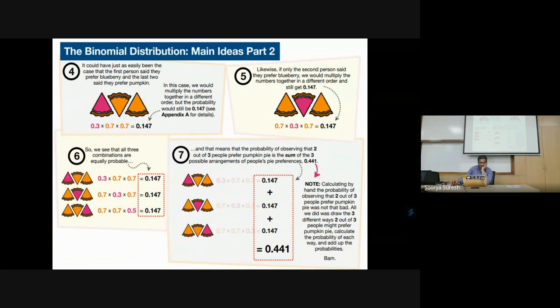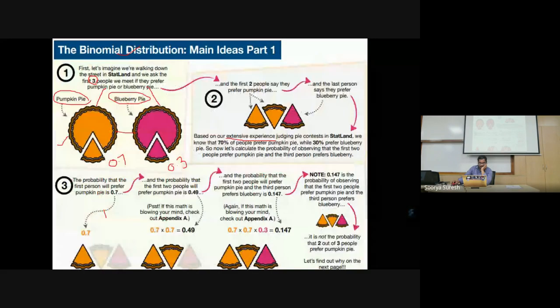See here, the probability that the first person will prefer pumpkin is 0.7. Suppose pumpkin, second person also pumpkin, and this one blueberry: 2 pumpkin. Out of the 3 people I'm asking, 2 have to say pumpkin. What is the probability?